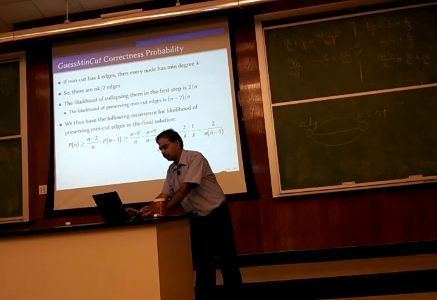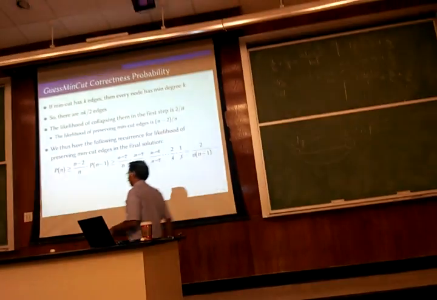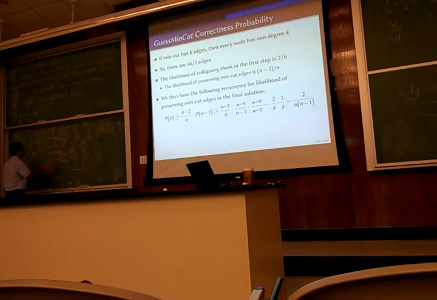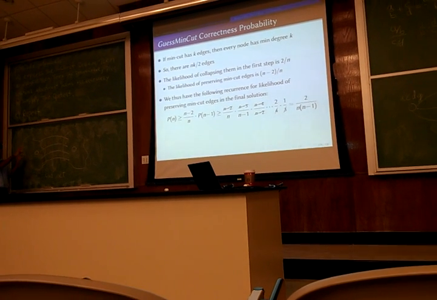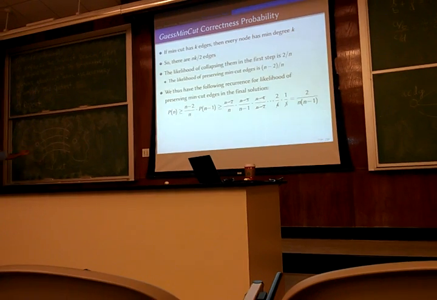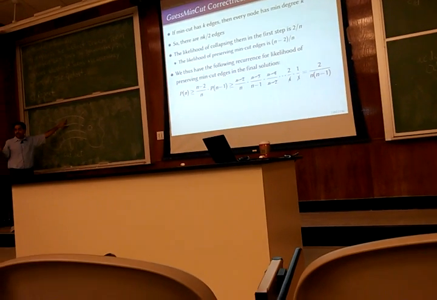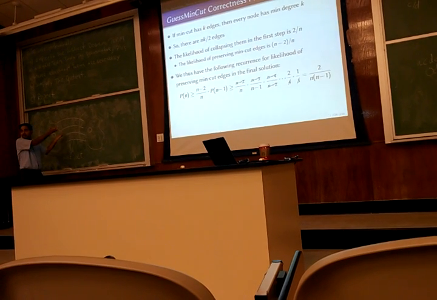So what we end up doing is we say that in the beginning there are a lot of edges, basically nk edges, and the cut set is only k. So if I pick at random, the chance that I pick one of these edges, then of course I collapse them, and I'm lost.